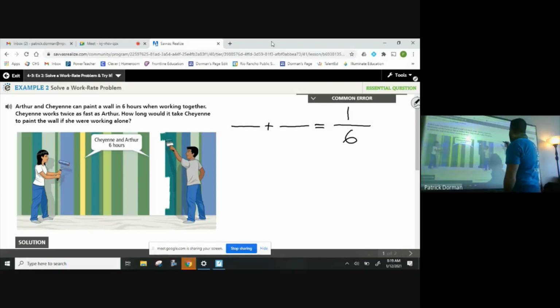So we've got Cheyenne's work rate. How much of the wall does Cheyenne get done? Well, she can actually do 2 in the same amount of time that it takes Arthur to do 1.